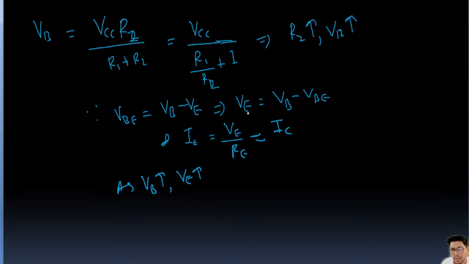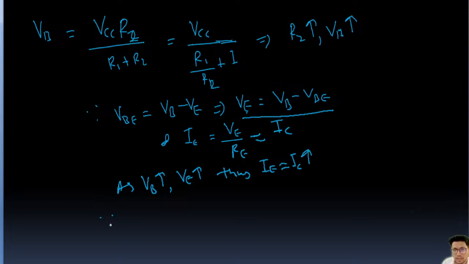If VB increases, then VE will also increase from this formula. And thus, IE equals VE upon RE, and VE is increasing, so IE increases. IE and IC are almost equal, so IC also increases.